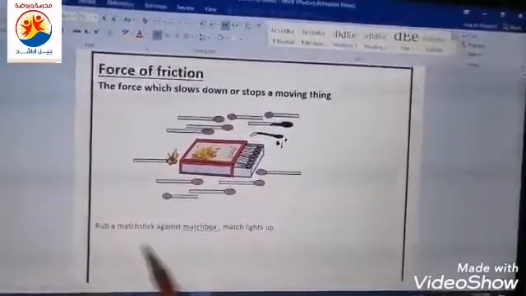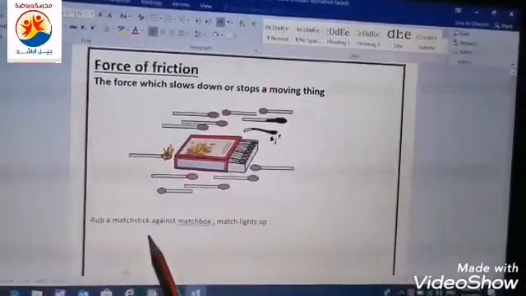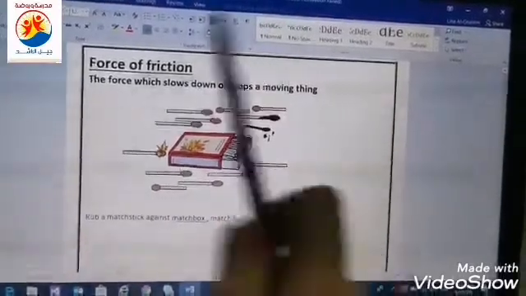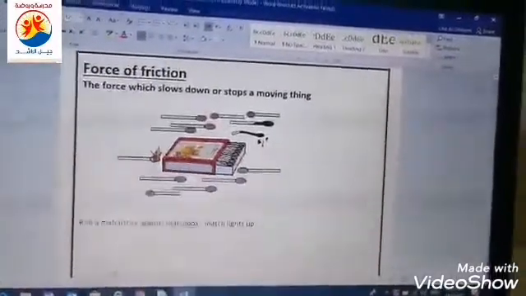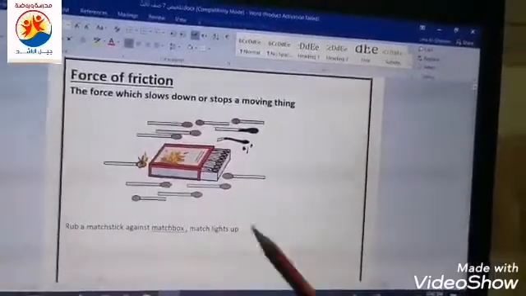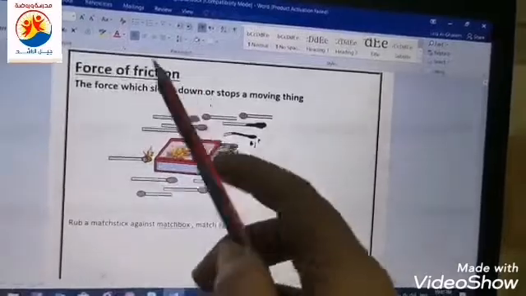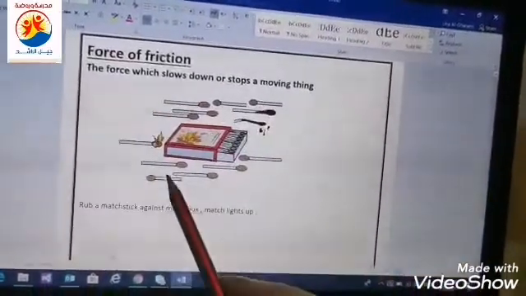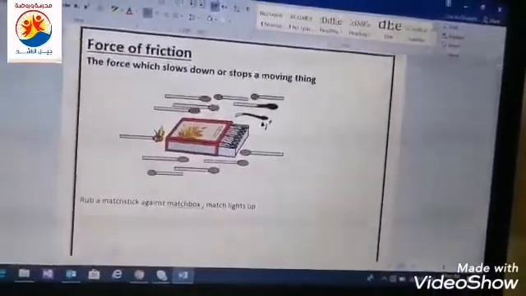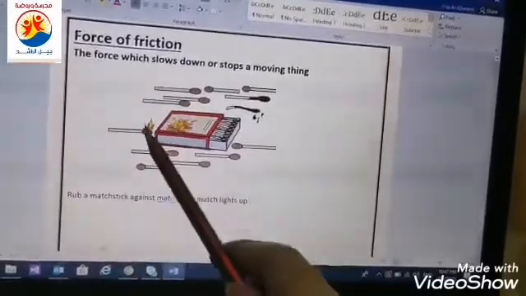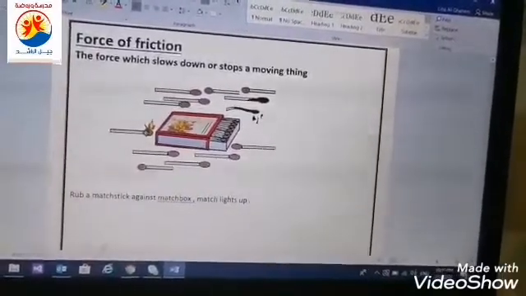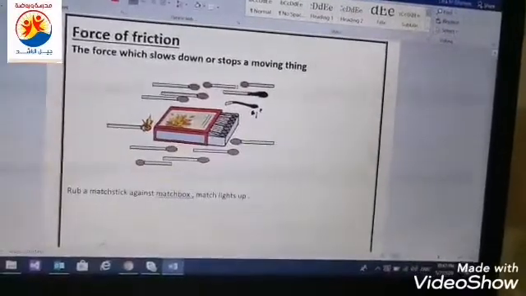Okay? Rub a matchstick against a matchbook. Rub it. The match will light up. Why? Because of the force of friction. Unfortunately I don't have matchsticks.